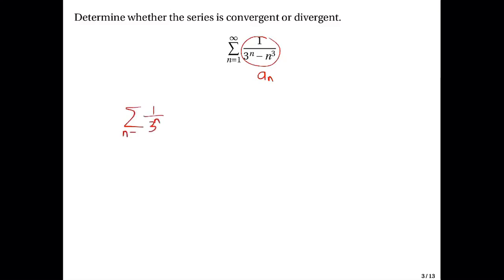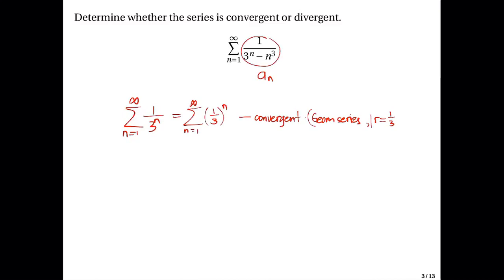So here, your n runs from 1 up to infinity. But this is just your geometric series 1/3, okay, to the n, and from 1 up to plus infinity. And this is convergent. Okay, this series is convergent because this is a geometric series with r equals 1/3.